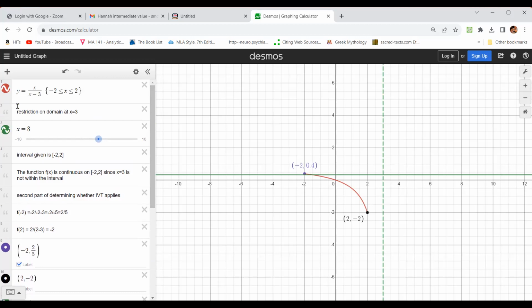So what you're going to write is that 1/3 here is equal to x over x minus 3.